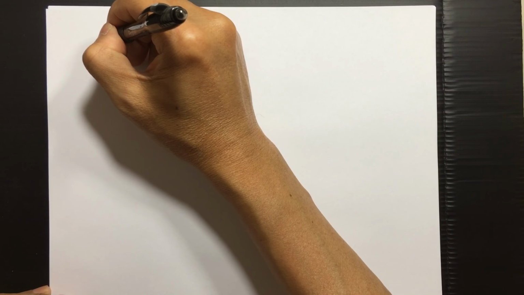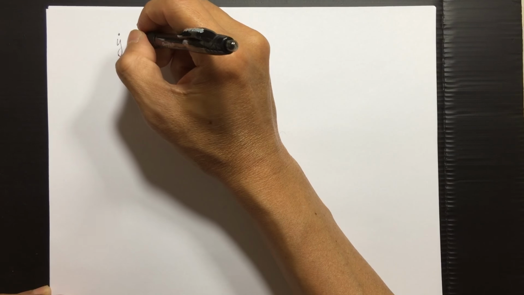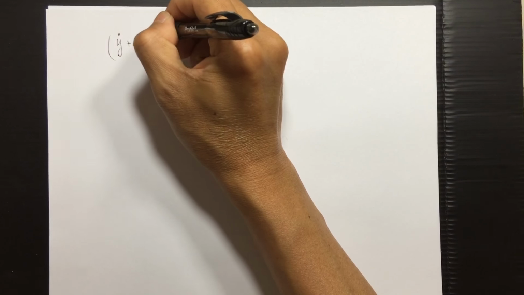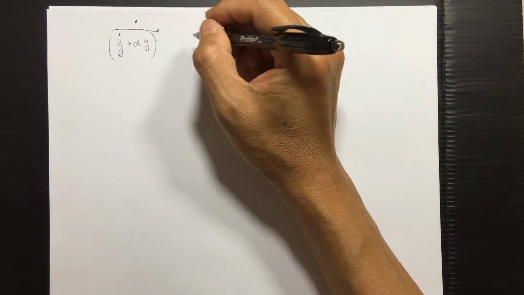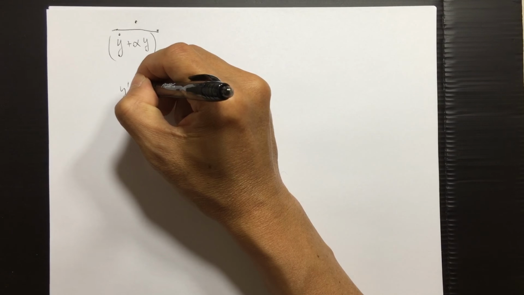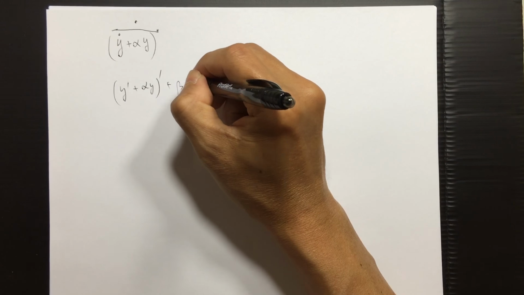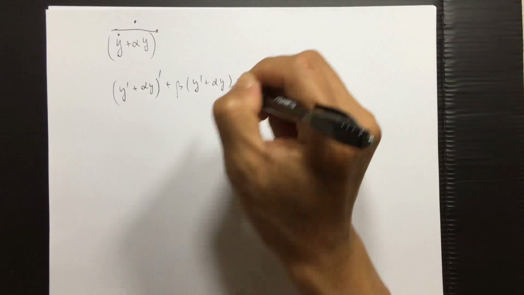Now let's rewrite it this way. U is y dot plus alpha y. This dot, plus this, go back to prime because this is easier to write. Plus alpha y plus beta, right?